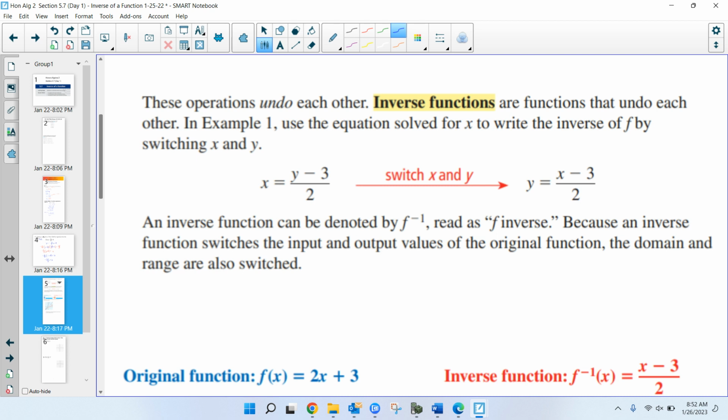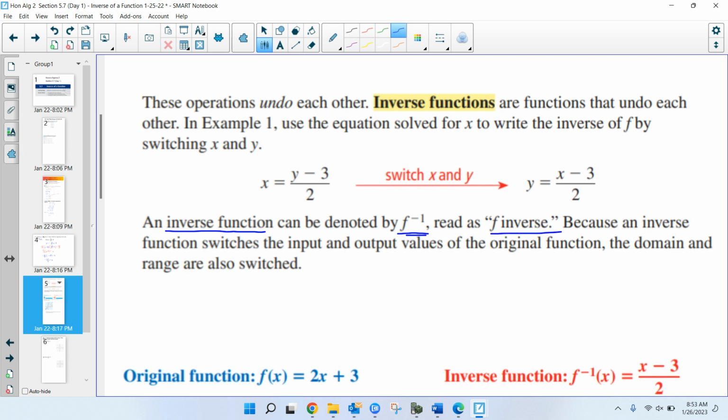That was not an inverse, okay? To find the inverse of a function, you have to actually switch x and y. You have to switch the variables. All right. Now there's some notation that goes along with it. An inverse function can be denoted as, that's not an f to the negative 1 power, that's read as f inverse.